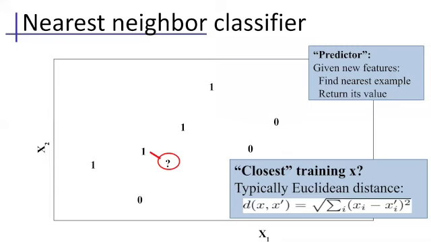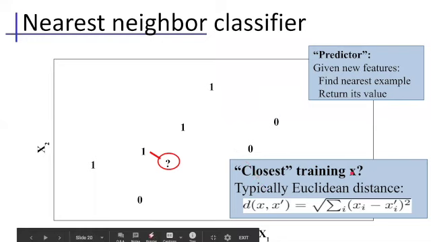Right? So of course, when I do this type of exercise, I need to have a metric to measure the distance between the two data points, right? And there are many metrics we can use. For instance, a very commonly used metric in the nearest neighbor approach is based on Euclidean distance.